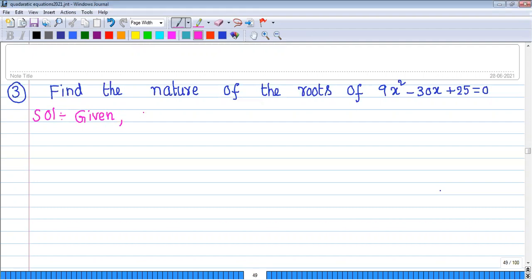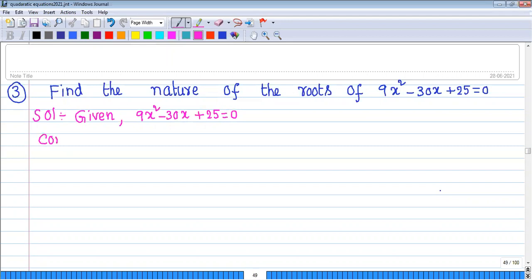nine x square minus 30x plus 25 equals to 0.